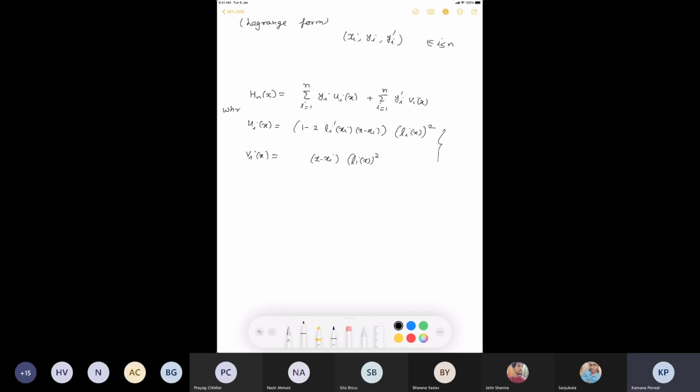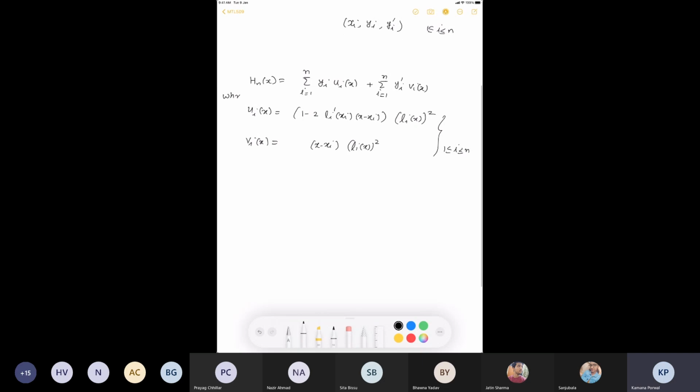And for both, i is varying from 1 to n. Okay. So this we called the Lagrange form of the Hermite interpolating polynomial.